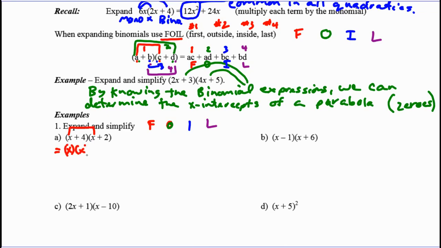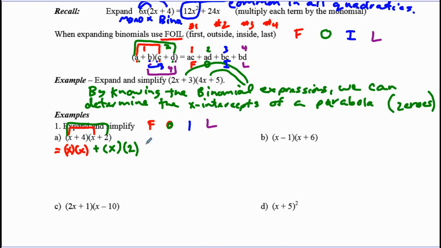So that x times x, okay. The next one is outside. So the x is an outside and the 2 is an outside. So plus, always do a plus sign in between every step. Even if it's a negative, I'll show you what happens on the next example when we see a negative.